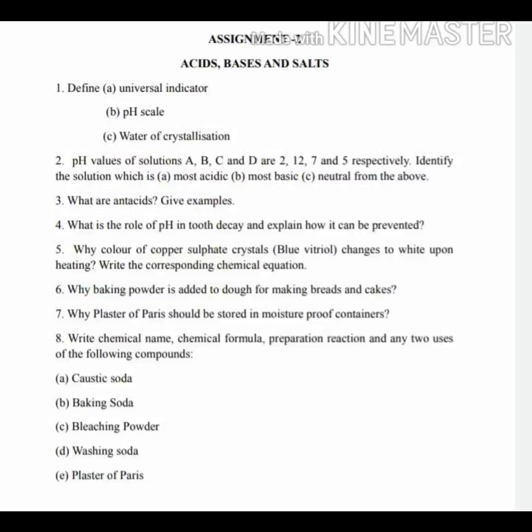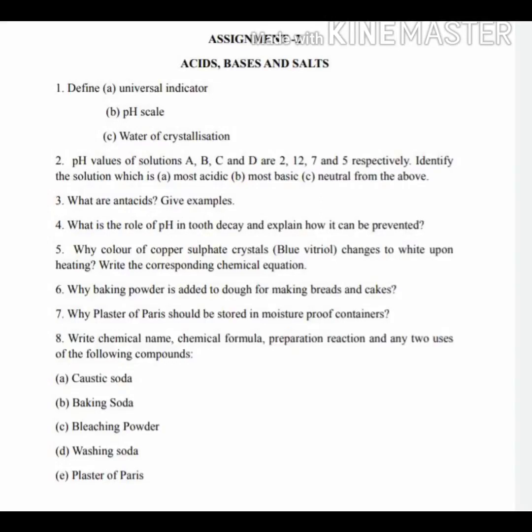Its two uses are in the laundry for cleaning of clothes and in removing permanent hardness of water. Next, the last compound is plaster of Paris. Its chemical name is calcium sulfate hemihydrate and its chemical formula is CaSO4·1/2H2O and its preparation is from gypsum.